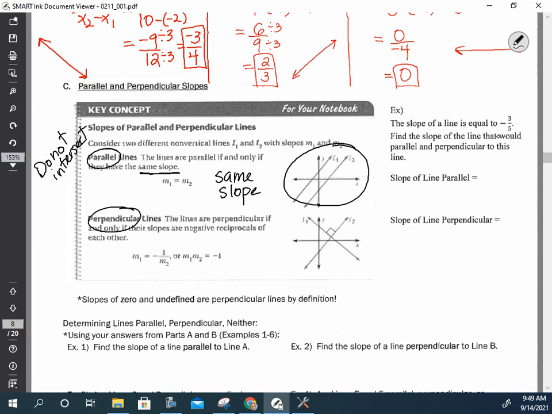Perpendicular lines, if you remember from Algebra 1 and geometry, are lines that intersect at a right angle. So notice in the diagram, line 1 and line 2 intersect and make that right angle.